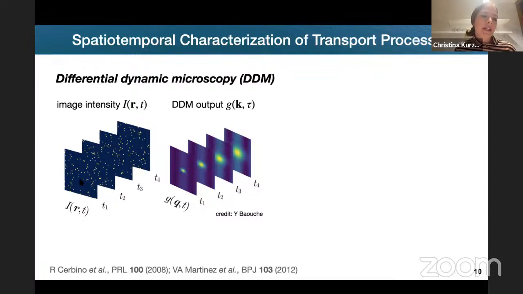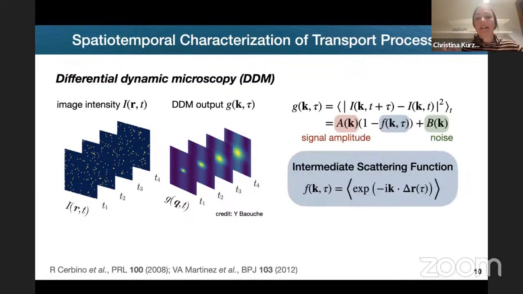And the way this is done, images are taken just as if you were doing particle tracking, and then these images are subtracted from one another so that one can measure the density fluctuations in the sample. And this whole thing is done in Fourier space and correlated.